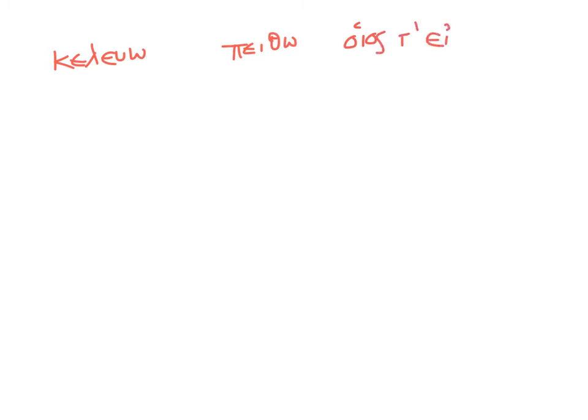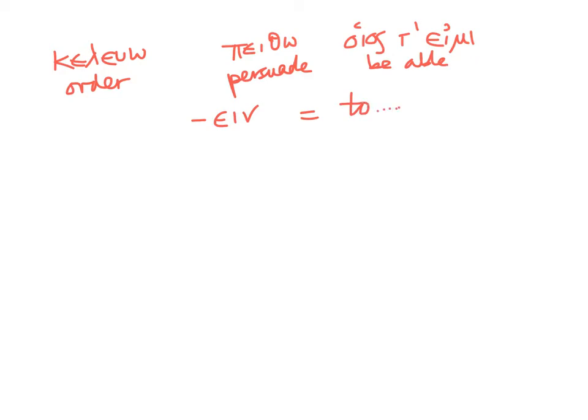By keeping these up here at the top of the screen, it means that you'll have them easily ready to refer to. So let's just get those meanings in there. Remember also that if a verb ends in the letters epsilon, iota, nu, it is an infinitive, and you're to translate it with the English word to before what that verb means.